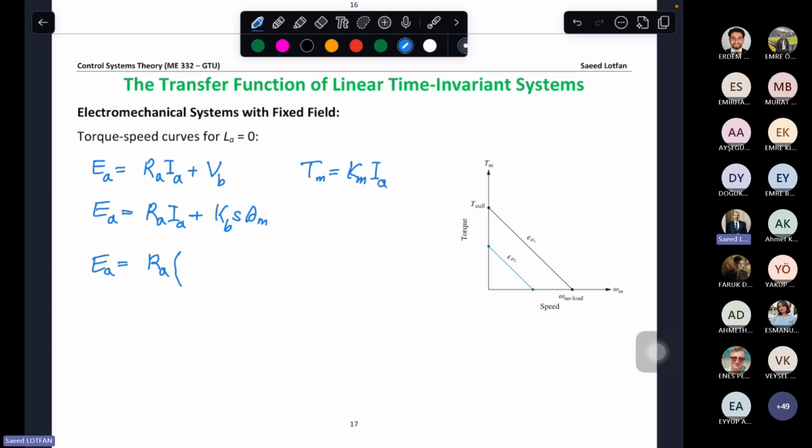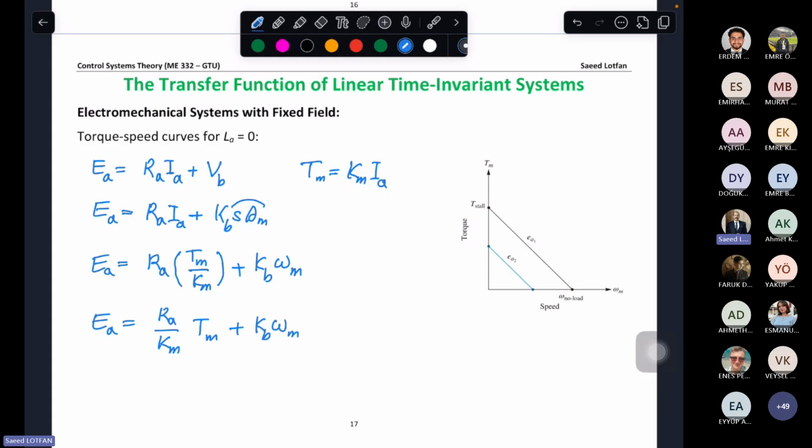So I can write this here, TM over Km plus Kb. And instead of S theta, I can write omega M, because S is the differentiation in the frequency domain. So I can say that EA is equal to RA over Km TM plus Kb omega M.